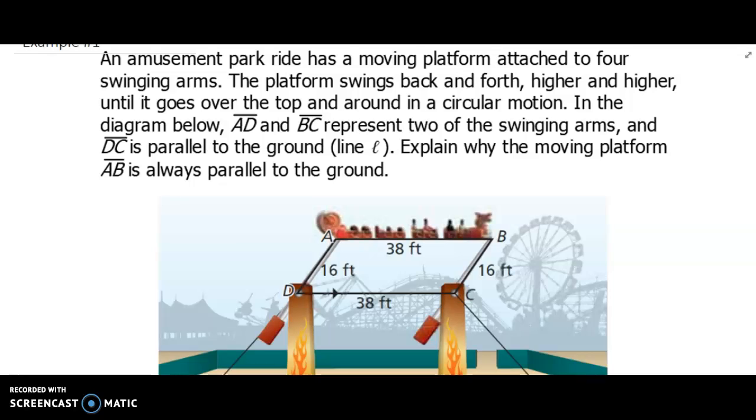An amusement park ride has a moving platform attached to 4 swinging arms. The platform swings back and forth higher and higher until it goes over the top and around in a circular motion.